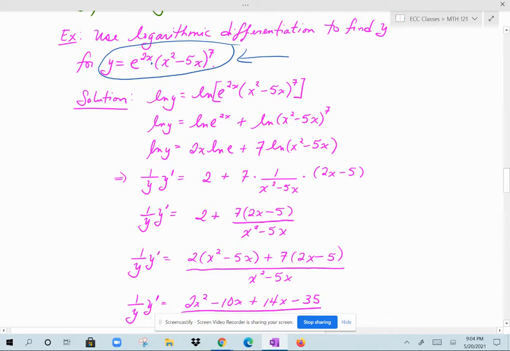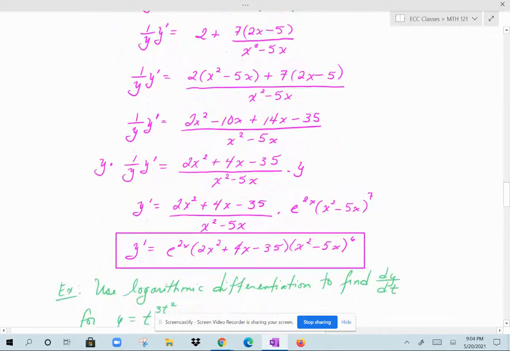And within product rule, you would have chain rule because e to the 2x is a composite, and then another chain rule for x squared minus 5x to the 7th, which is also a composite. In the end, if you had taken a different approach, we would get the same answer as we got here in this box.